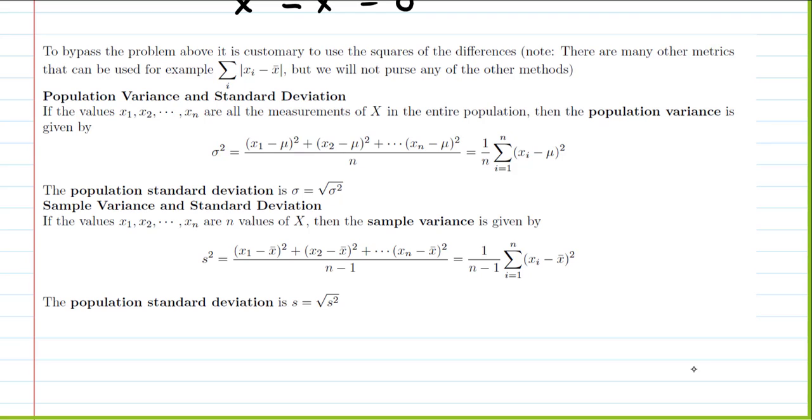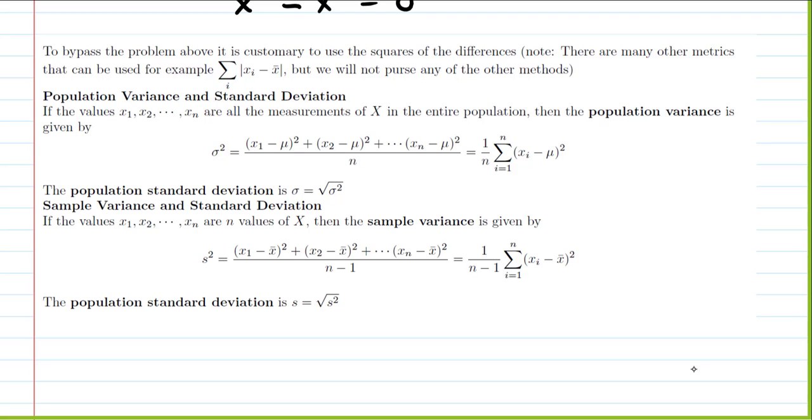For the sample variance and sample standard deviation, we have the same thing, but we use x bar instead of mu. The major difference is that when we're doing a sample, not the entire population, we divide by n minus 1 and not by n. So we get 1 over n minus 1 times the sum as i goes from 1 to n of x sub i minus x bar squared.